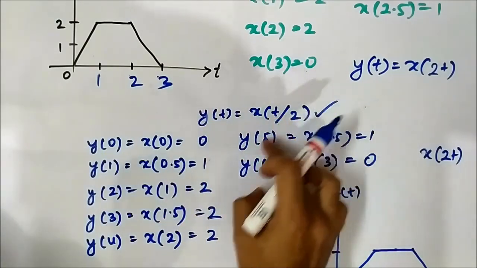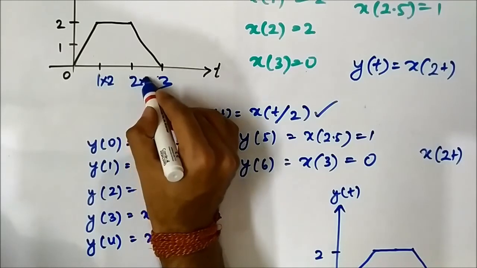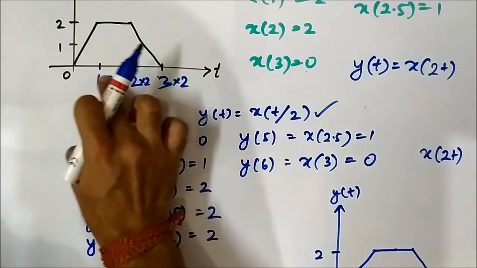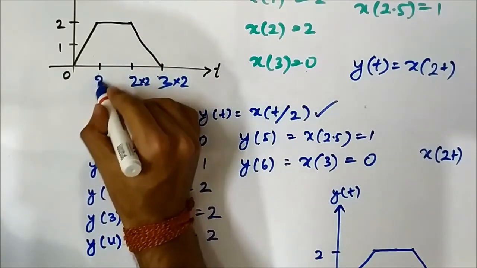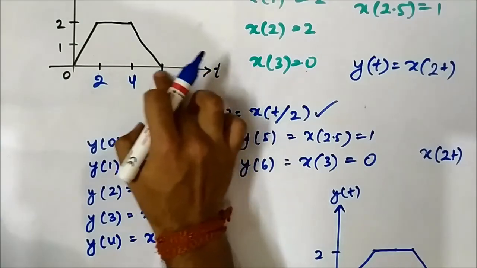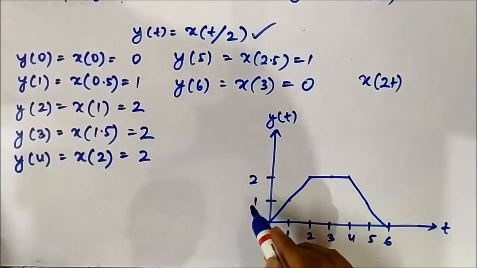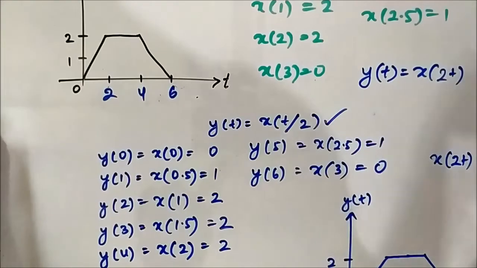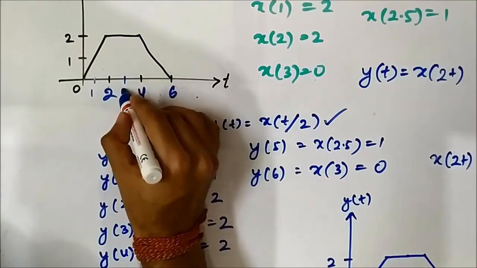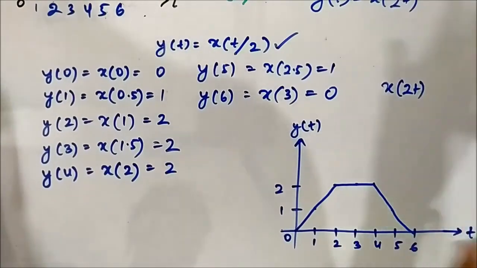Here I have to do x t by 2, so I will just multiply them with 2. So it will become 0, 2, 4, 6, which is the signal here. Here it will be 1, here 3, here 5. The same thing. So this is the shortcut method.